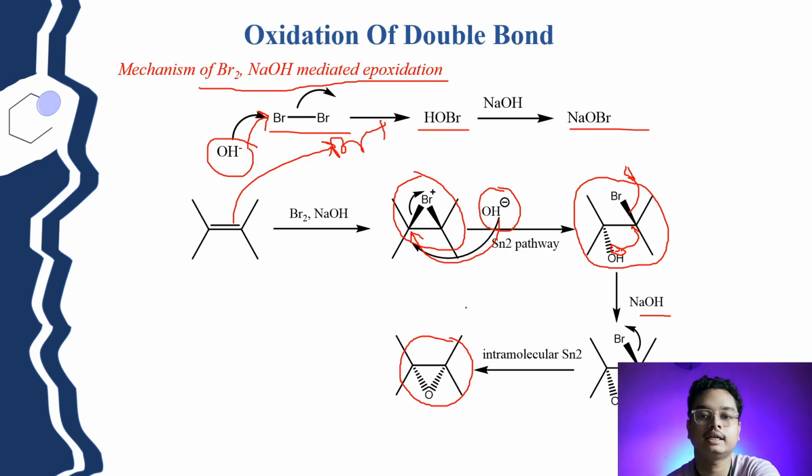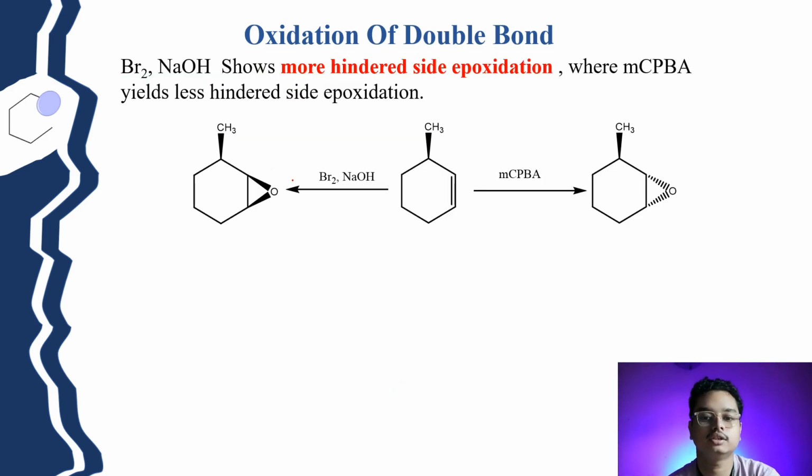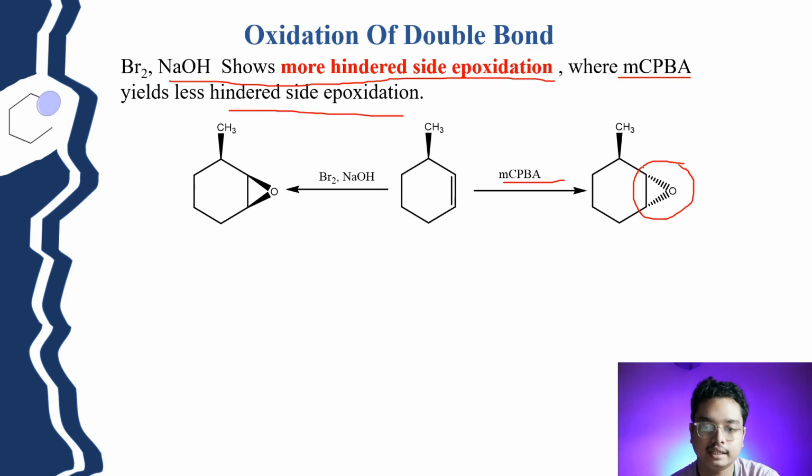Let us give a simple comparison between this Br2 NaOH mediated epoxidation and the MCPBA mediated epoxidation. Here it is written that Br2 NaOH shows more hindered side epoxidation, whereas MCPBA yields less hindered side epoxidation. For this compound, in the presence of MCPBA, the epoxidation stereochemistry is something like this, whereas the Br2 NaOH based epoxidation stereochemistry looks like this.